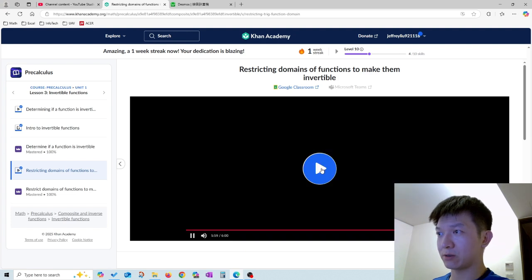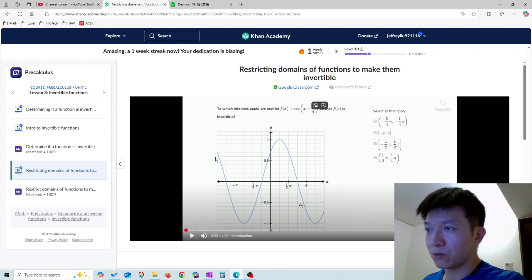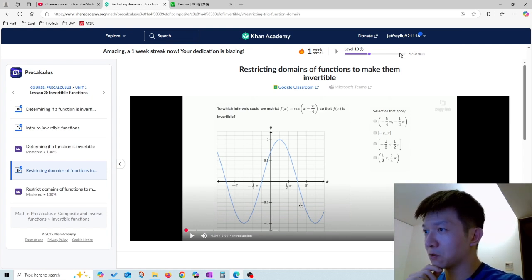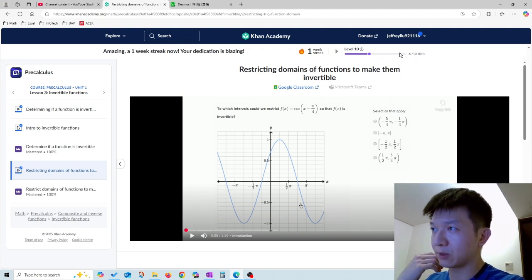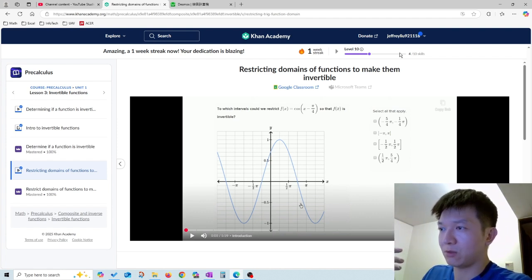Restricted domains. Okay, restricted domains to make them invertible. So right away you see a curved function here. This is the graph of cosine, right? And it has been shifted to the right by pi over 4. So in cosine or sine or any trigonometry function, you will have x as your theta, where you're going to point to with a pi.